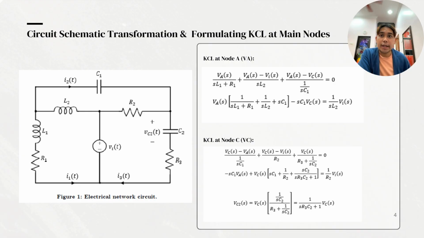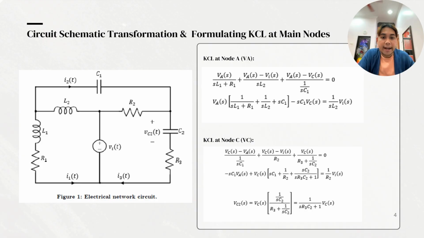Next, let us shift our focus to the right side of the circuit, especially KCL at node C. In a similar manner, the current equation for the three branch paths connected at node C is formulated as VC minus VA over 1 C1, plus VC minus V1 over R2, plus VC over R3 plus 1 over C2, equal to 0.